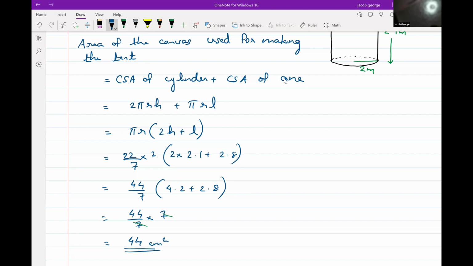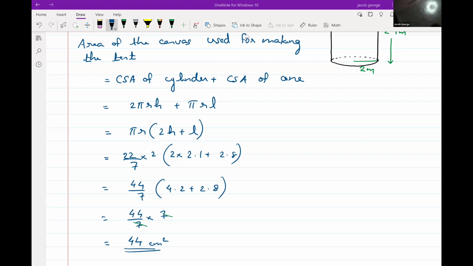Area is 44 centimeters square. Alina, am I audible? Okay, 44 centimeters square is the area. Jaydeep, Srinigesh, Imad, Dejwa, all of you please keep the camera on. Okay, so we got the area as 44.